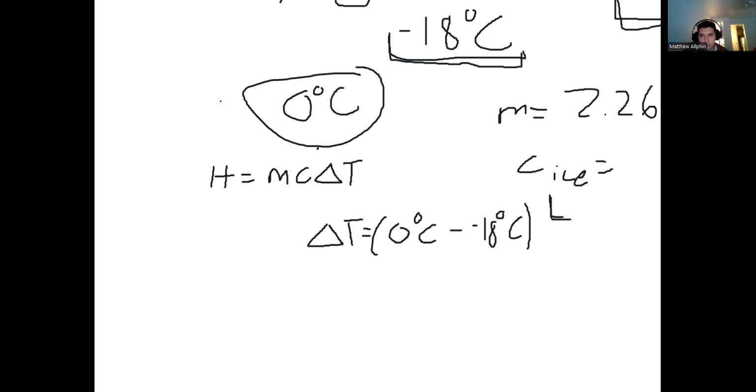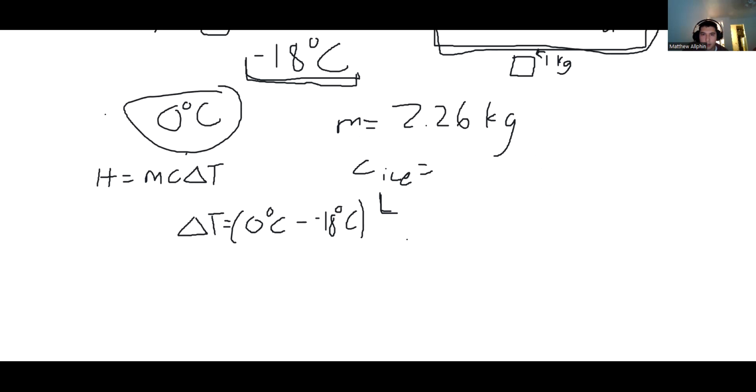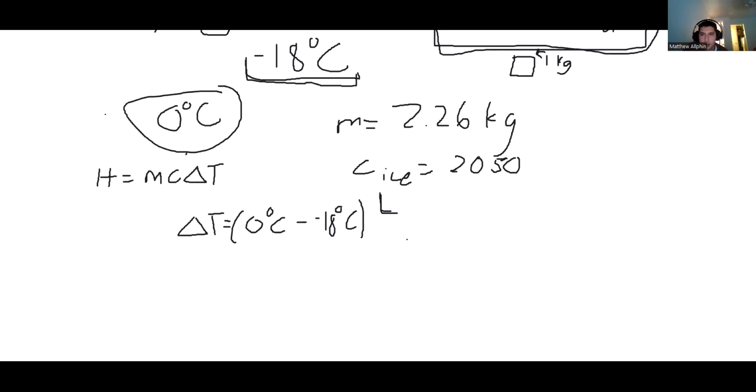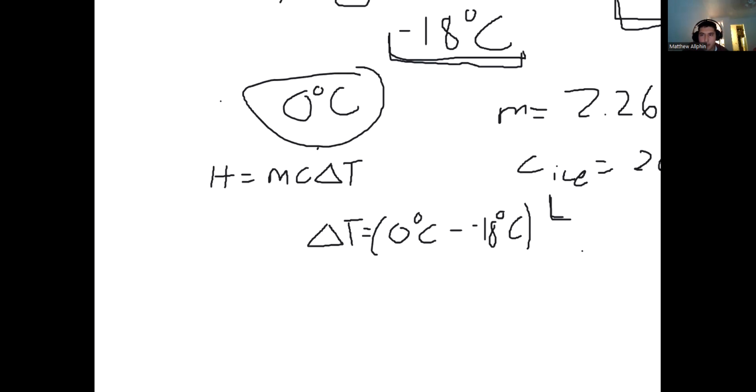Okay, yeah, specific heat of common elements, for ice is 2050. And the units, don't worry too much about units on these, joules per kilogram degrees Celsius.